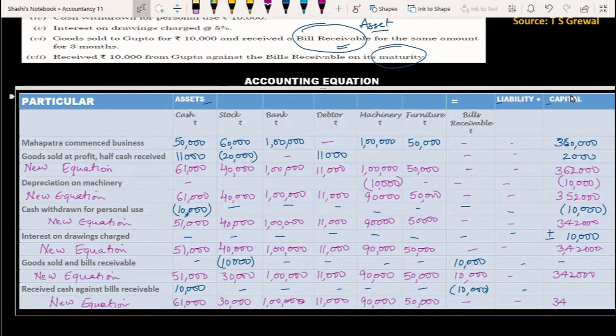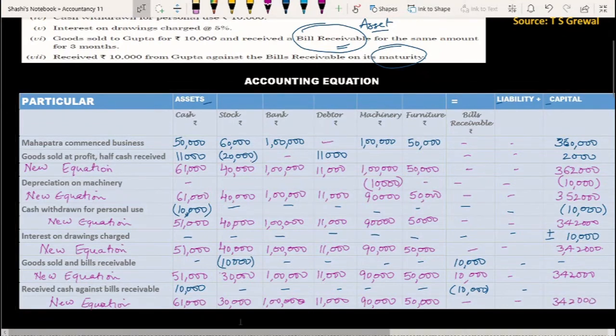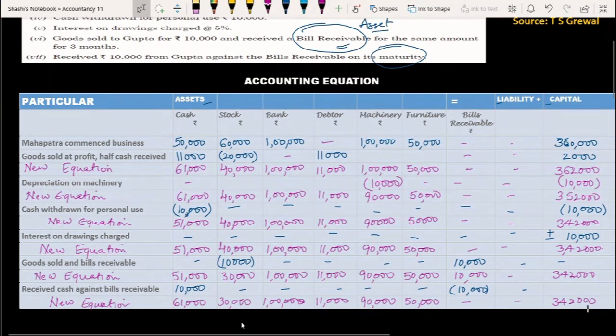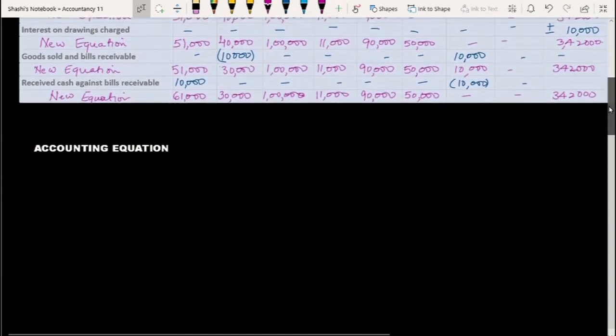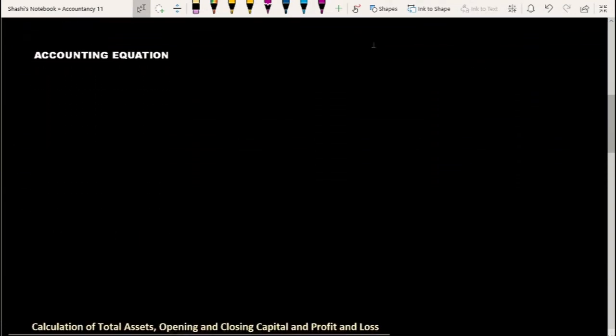So 3 lakh 42,000 is your capital. So you can see here, if you add these 61,000 plus 30,000 plus 1 lakh plus 11,000 plus 90,000 plus 50,000, that will be equal to 3 lakh 52,000. So this way we have completed with this particular question. So let's understand few more things over here.